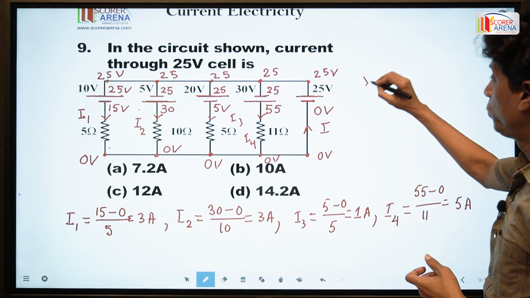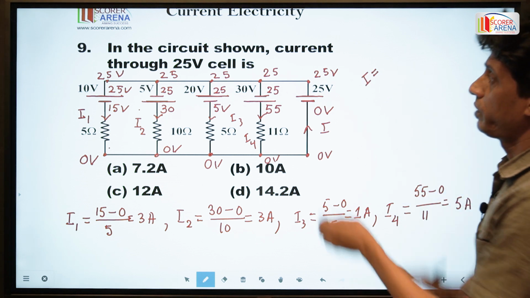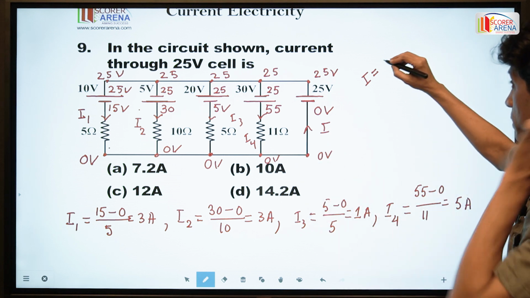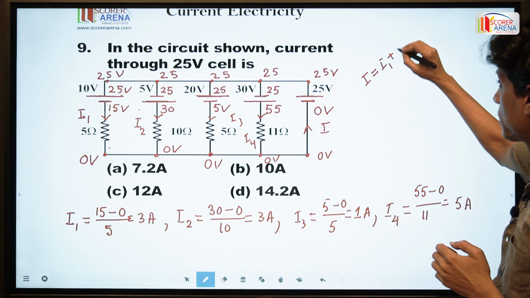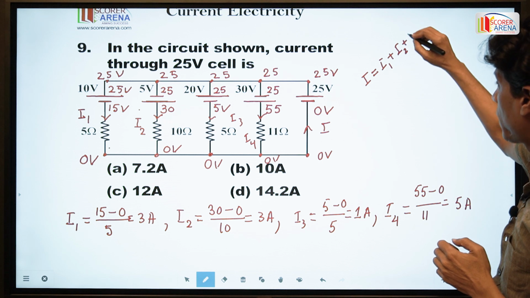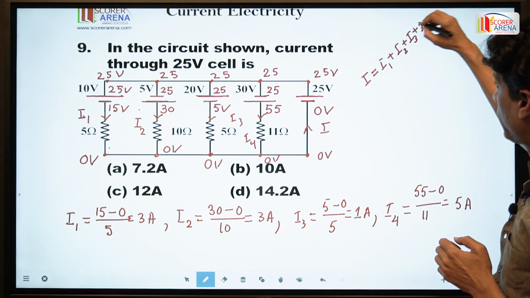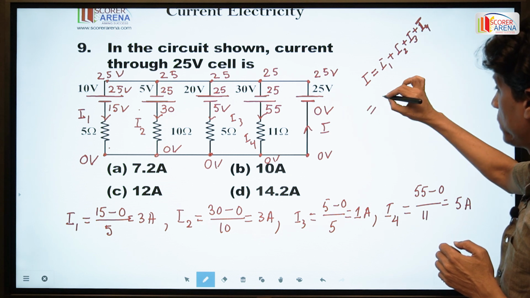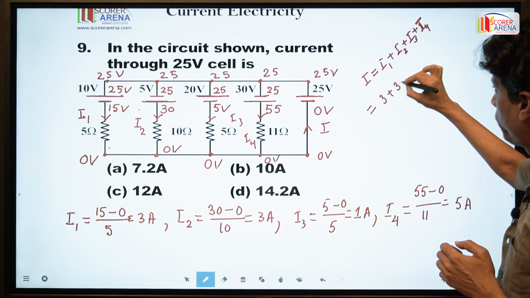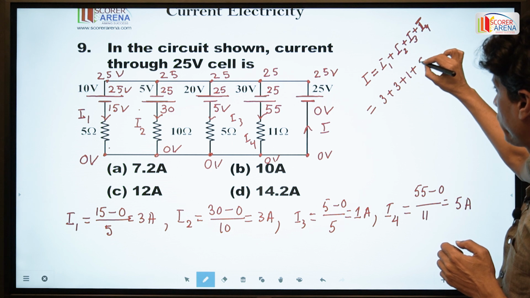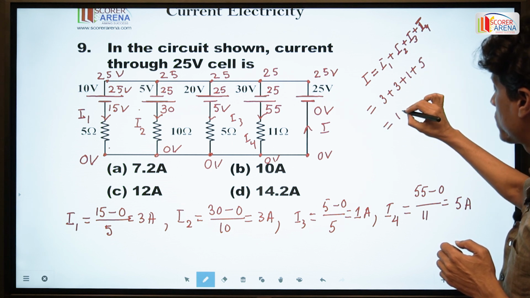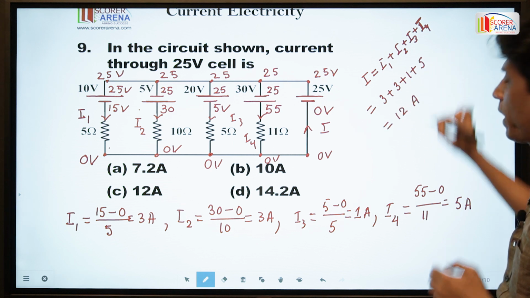So the current through the 25 volt cell is I1 plus I2 plus I3 plus I4, and this value is 3 plus 3 plus 1 plus 5. So the total current through this cell is 12 ampere.